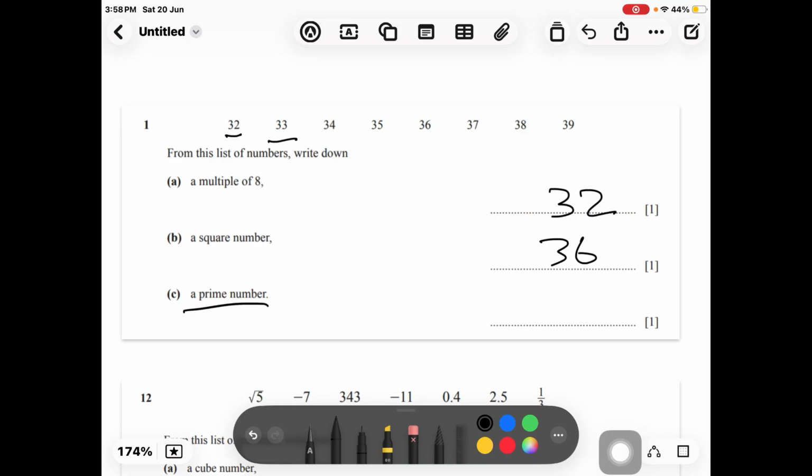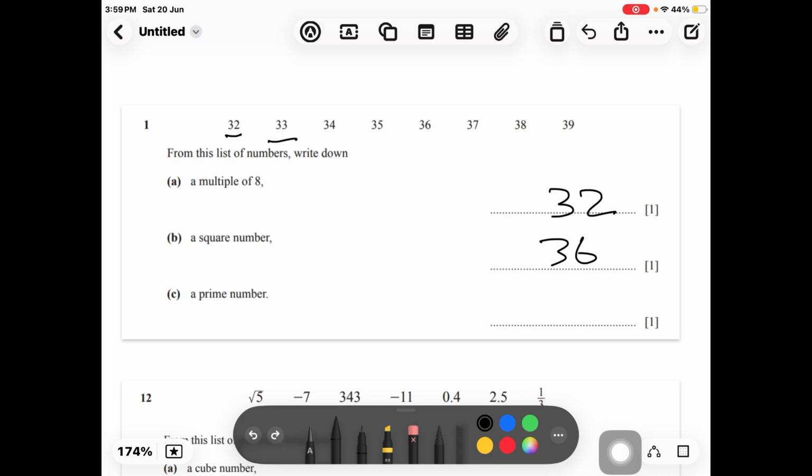Next, we have to find a prime number. Now, a prime number is any number that has only the factors 1 and itself. We already said that 33 has 3 and 11, so 1, 3, 11 and 33 are its factors, so it's not a prime number. 34 has 1, 2, 17 and 34.